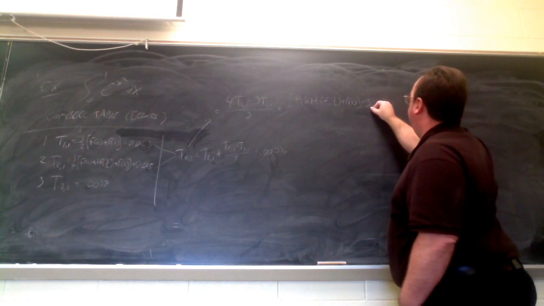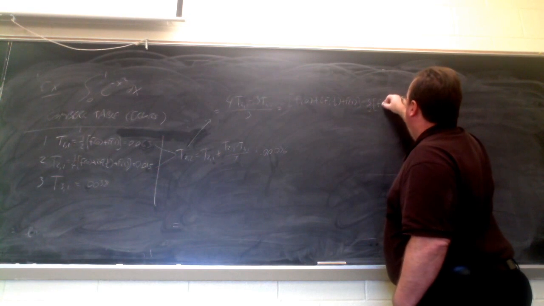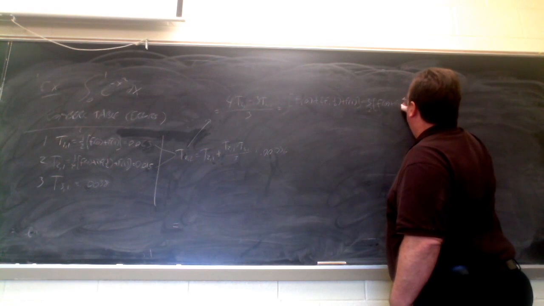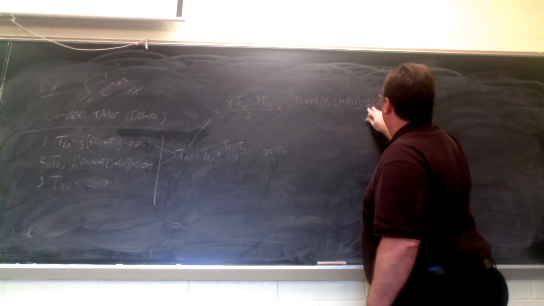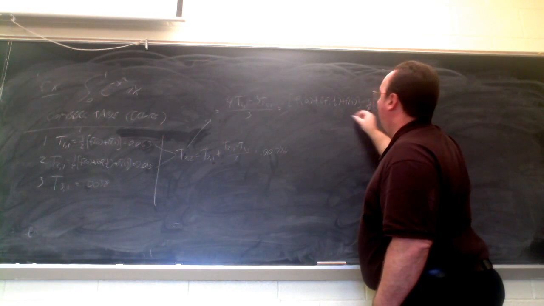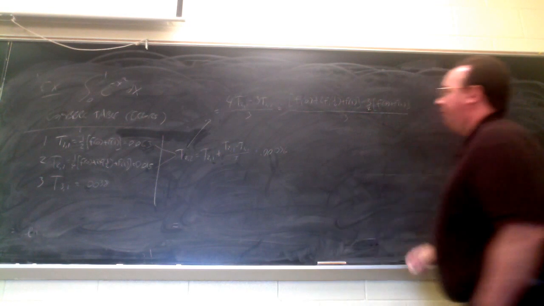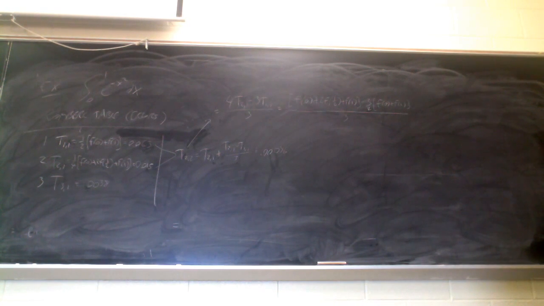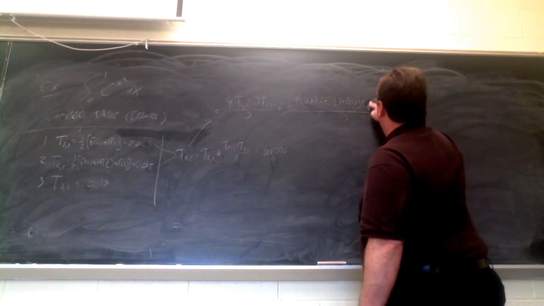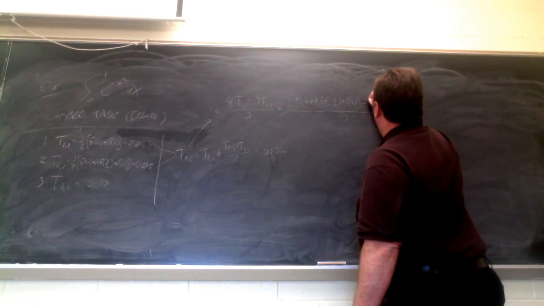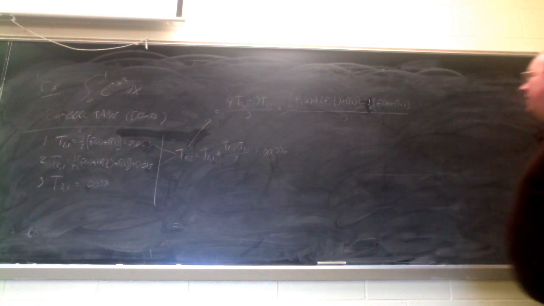So that would be 3 halves f of 0 plus f of 1, all over 3. Although something seems fishy. Oh, no, no 3. So minus 1/2. Okay, that makes more sense.